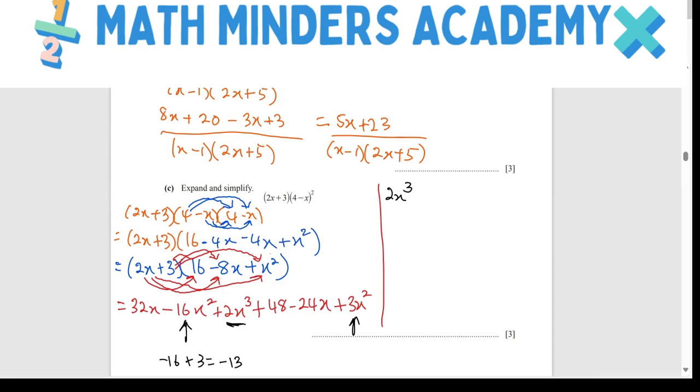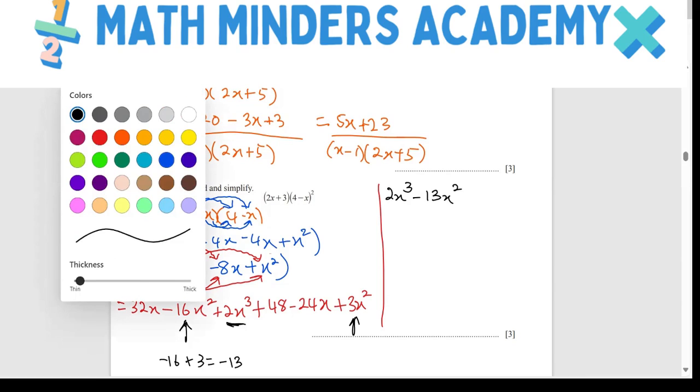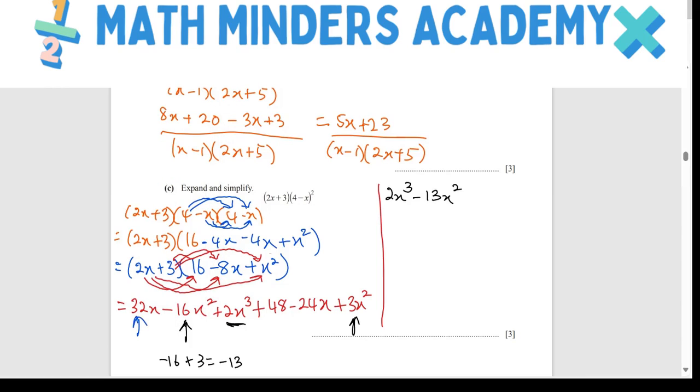So we have minus 13x squared. Now let's look at the x terms that we have here, and we are going to group them together. We have 32x. We have minus 24x. So you have 32 minus 24. So this is going to give us plus 8x, okay? So here we have plus 8x.